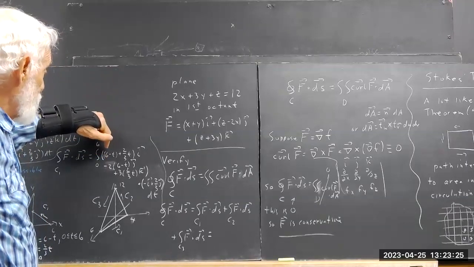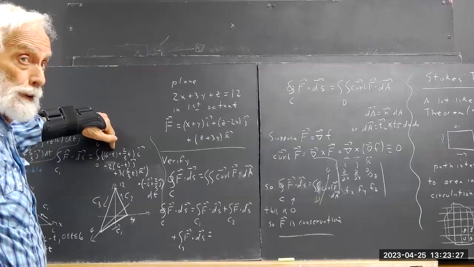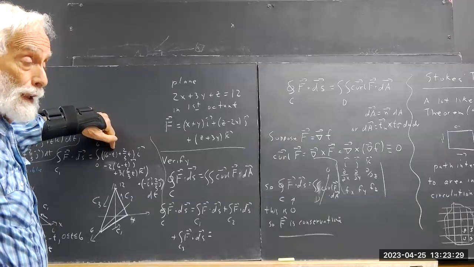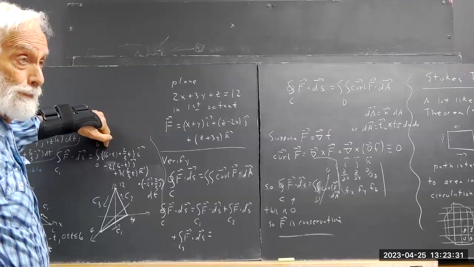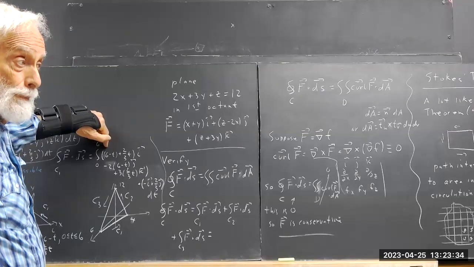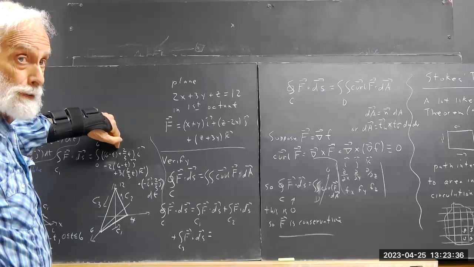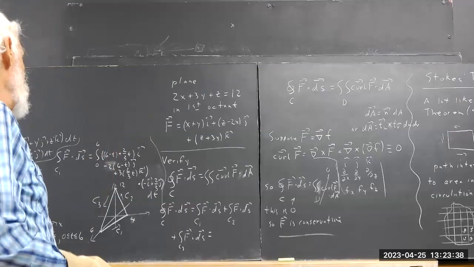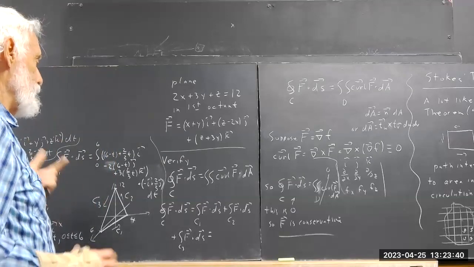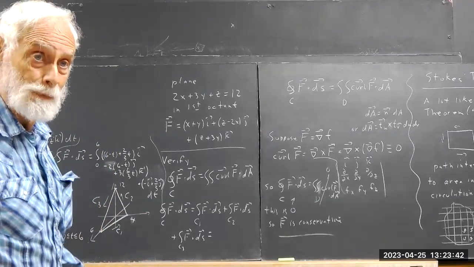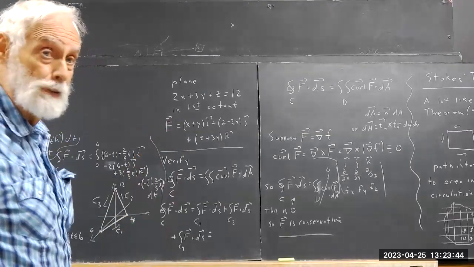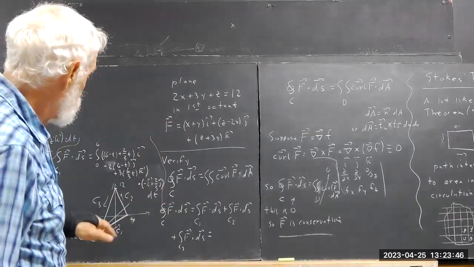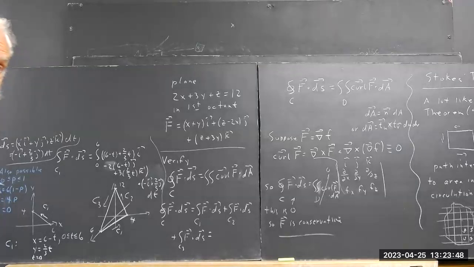This is 6 minus 1/3 t. The antiderivative is going to be 6t minus t squared over 6. And from 0 to 6, well, you can work it out. That's how you set this thing up. You do the same thing on all 3 boundaries.